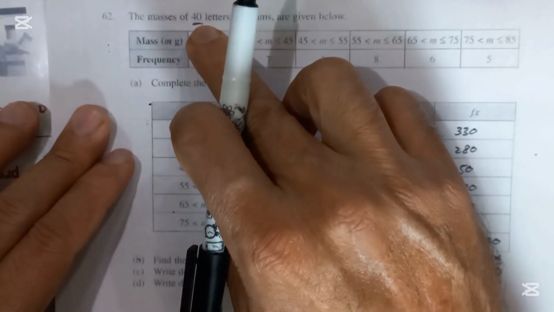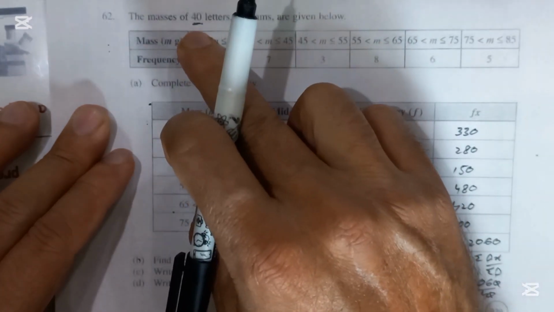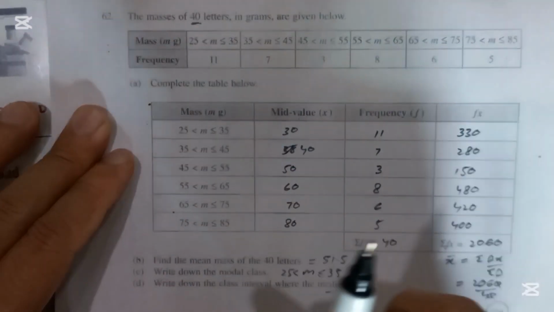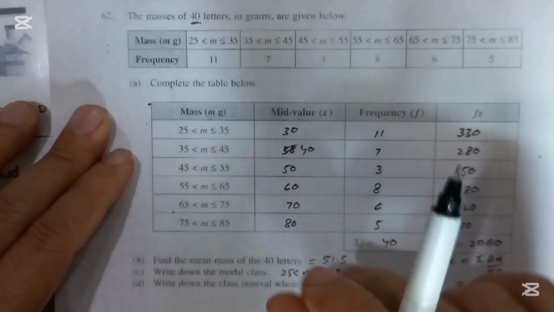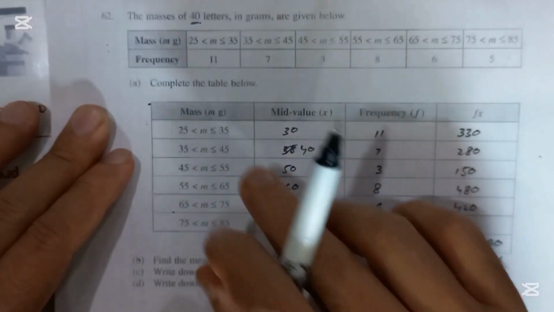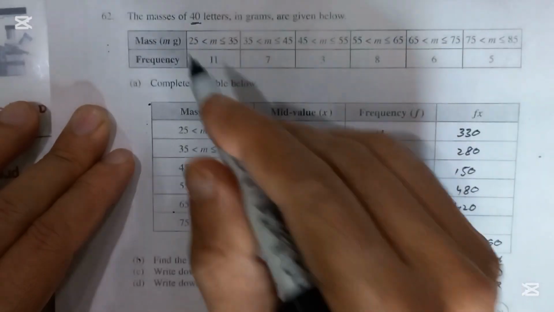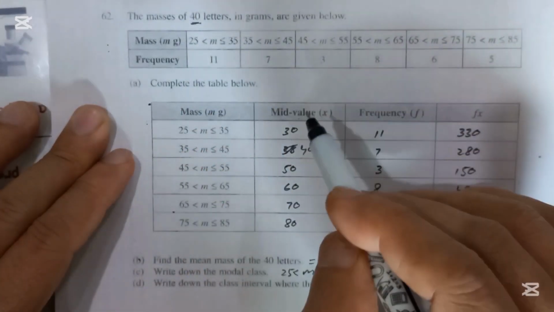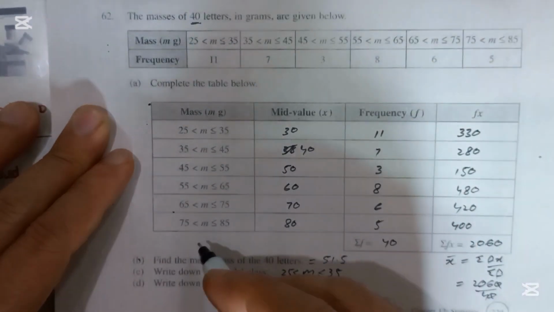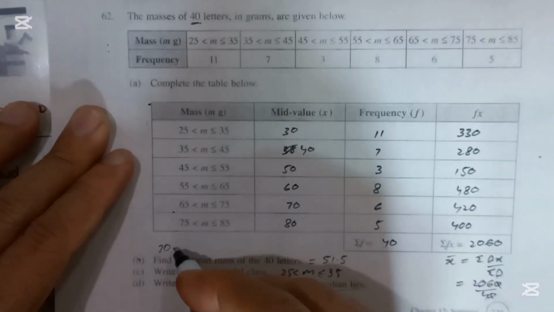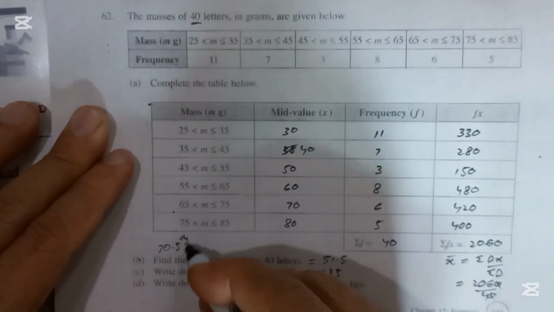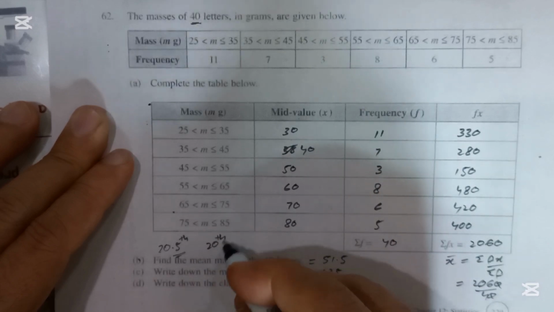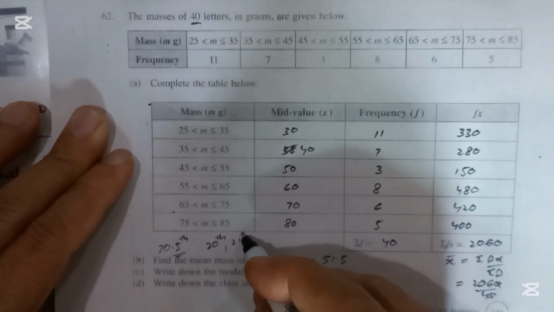Finally, write down the interval where the median value lies. This is an even number of terms, so exactly the mean of the central two terms will be the median. So 40 plus 1, 41, divided by 2 will be the 20.5th term, which will be the median. It means the 20th and 21st values.